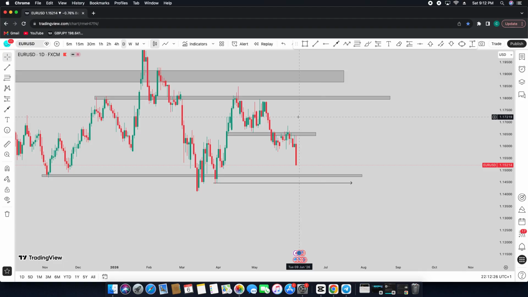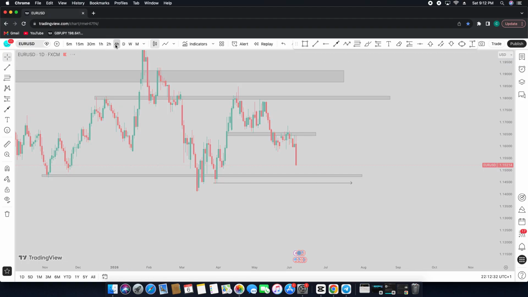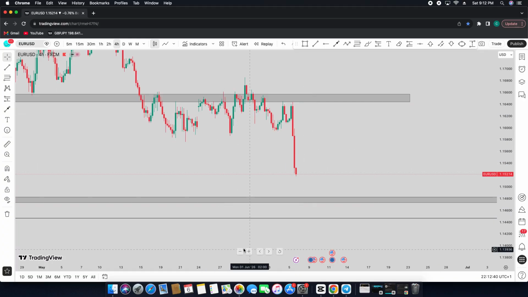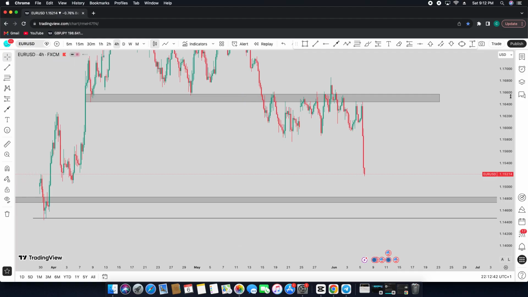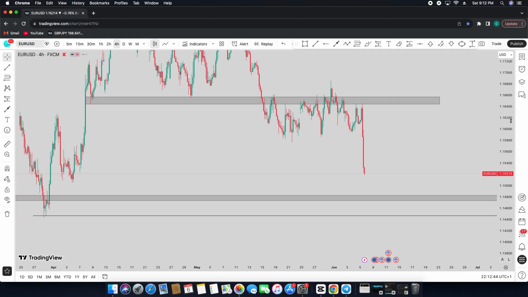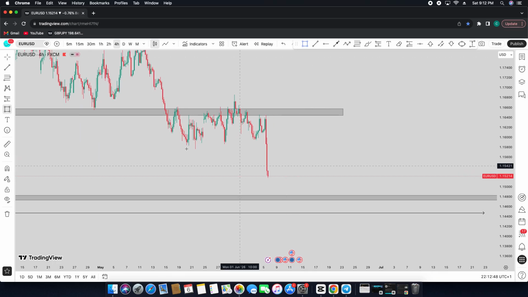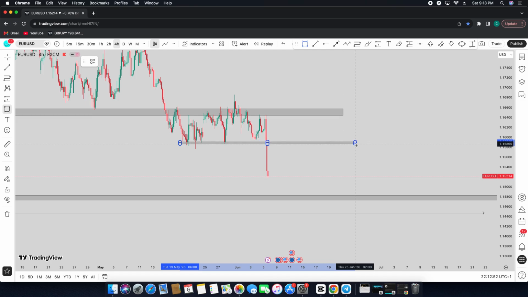I treat trading like a business, so I would not be playing with my money around this level. But if you are the type that trades the 4 hour time frame, there would have been opportunity for you. Since we have a daily low around this level, if you trade on the 4 hour time frame, what I would expect you to do on this pair is, we already got a breakout, sorry.